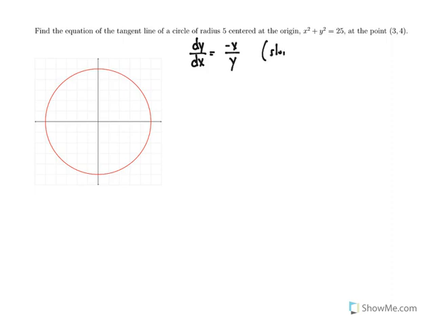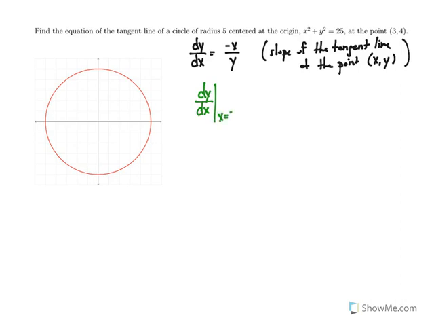This gives us the slope of the tangent line at the point (x, y). So the slope of our tangent line is we're going to do dy/dx evaluated at x equals 3 and y equals 4. That's going to be negative 3/4.